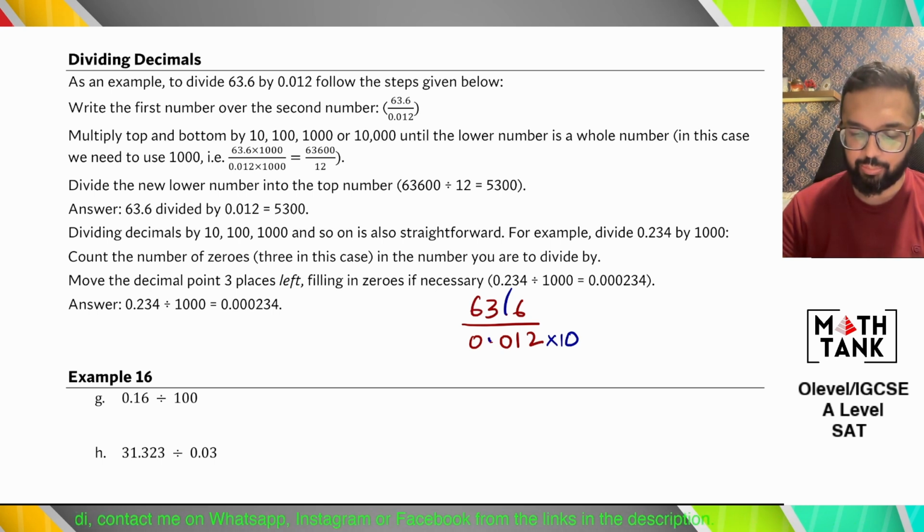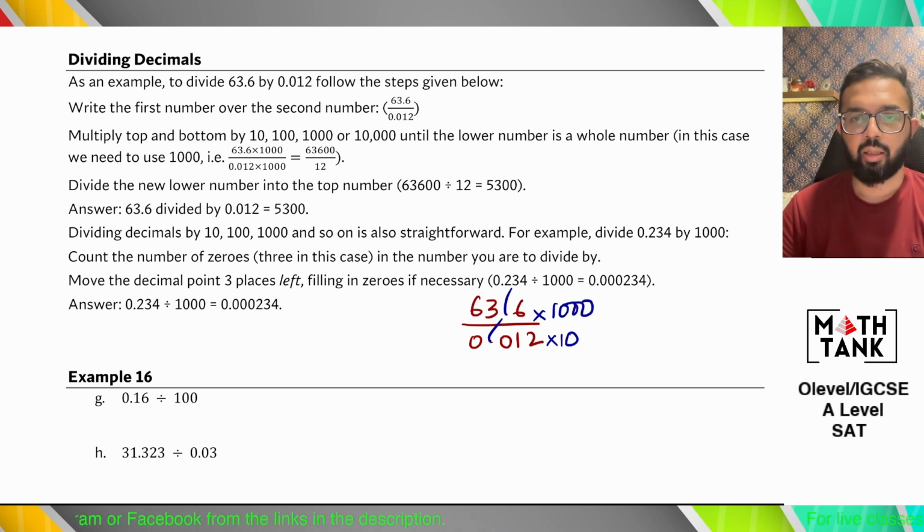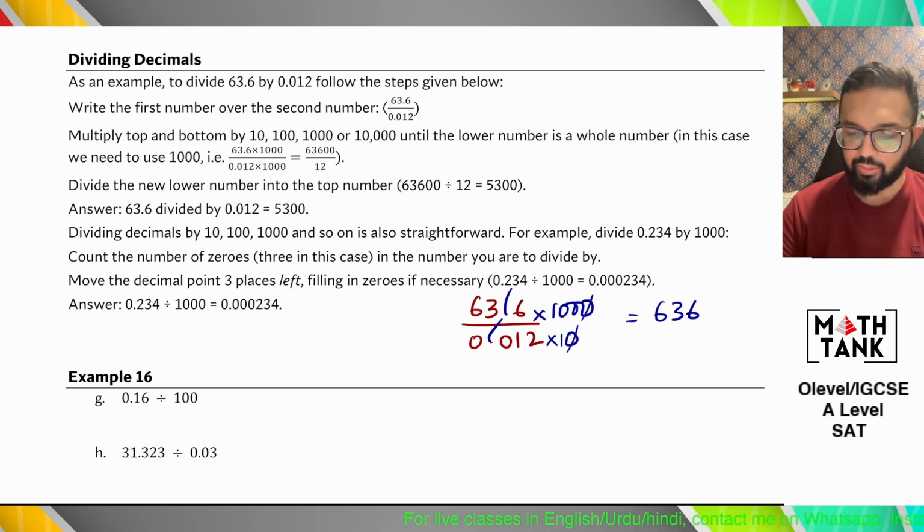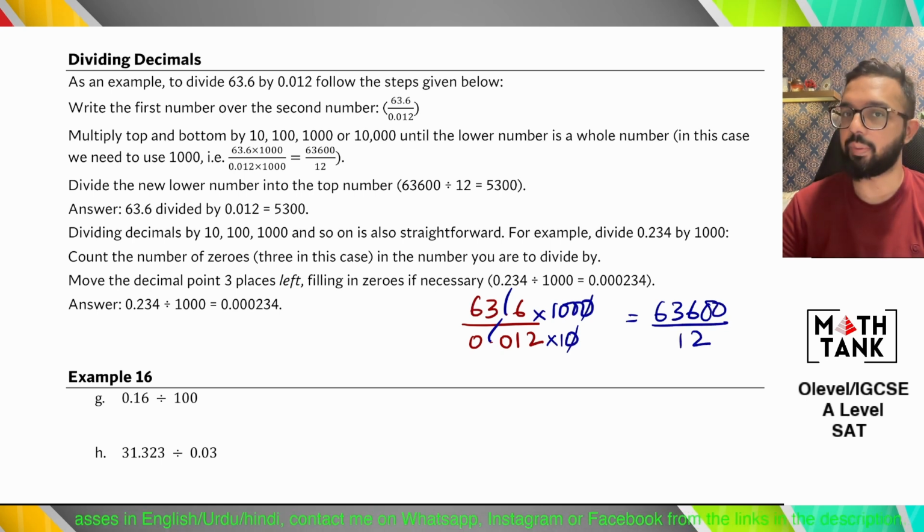Similarly, I was told to move the decimal place like that, and that gives me 1000. Ultimately, it's still going to give me 636. I cancel out the 0. The decimal has been removed, so this becomes 63600 divided by 12. It gives me the same answer, whichever way you want to think about it.